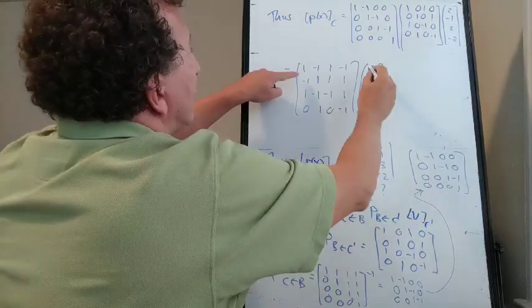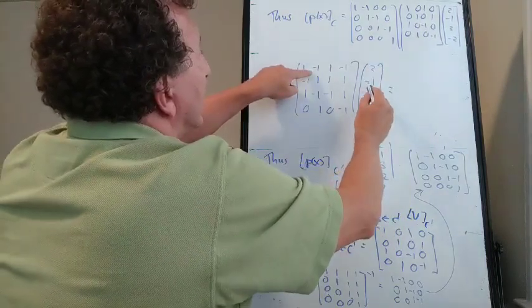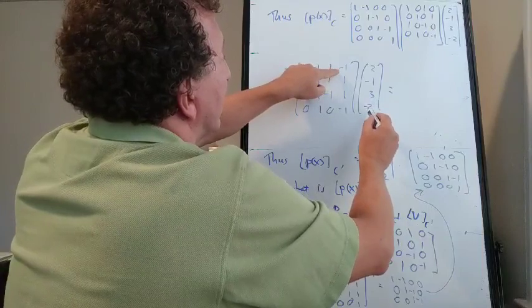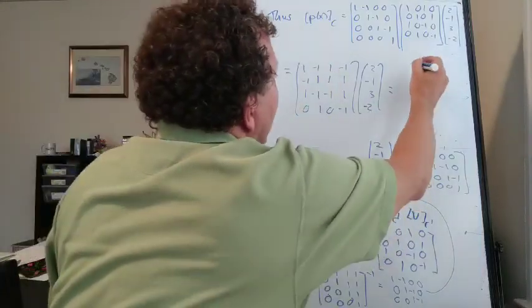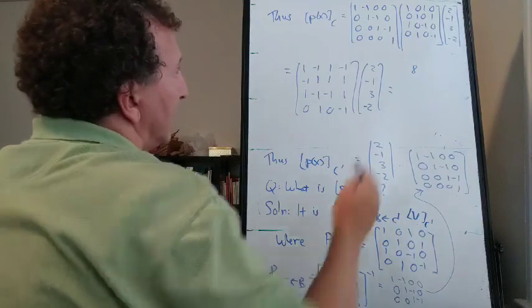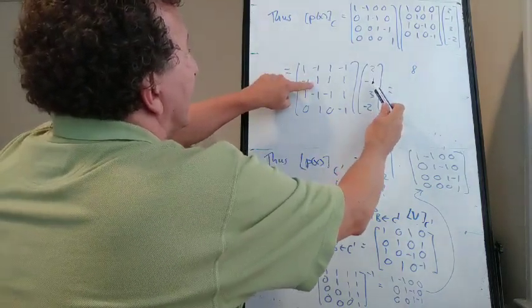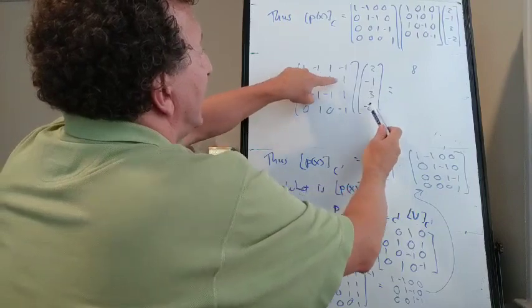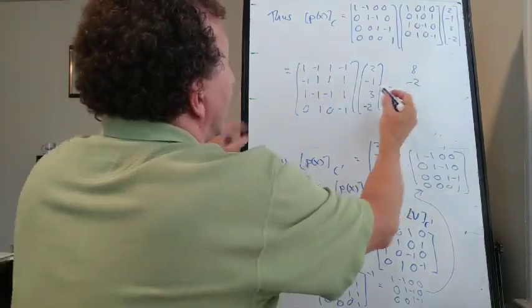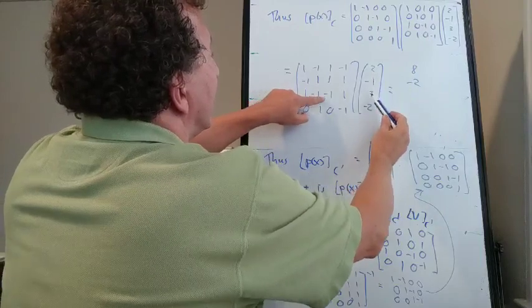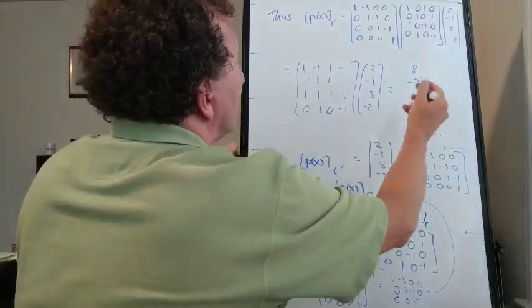And we get 2 plus 1, which is 3, plus 3 is 6, minus 2, plus 2 is 8. Then -2 minus 1 is -3, plus 3 is 0, minus 2. Then 2 plus 1 is 3, minus 3 is 0, minus 2.